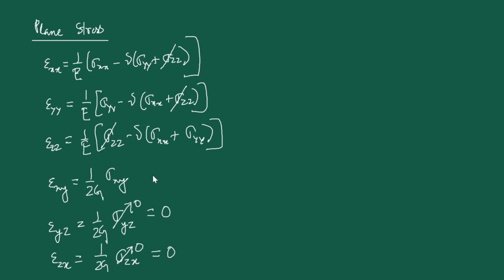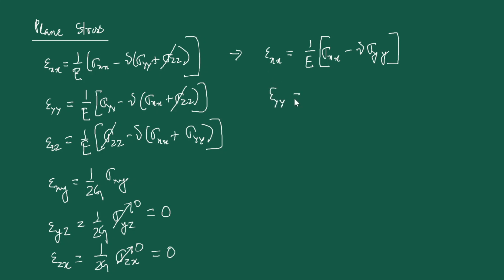Now, overall, what we have now is that the epsilon xx from here is simply this kind of a thing. And because this sigma xx and sigma yy are themselves just pure functions of x and y, therefore epsilon xx is also a pure function of only x and y having no z dependence.